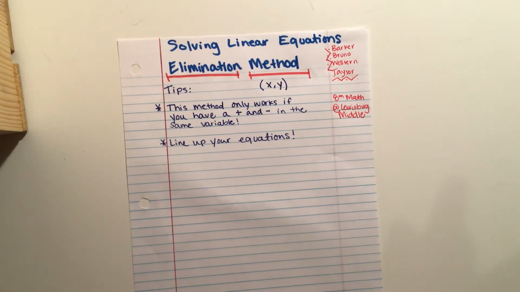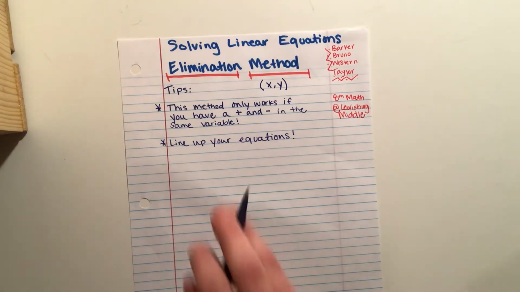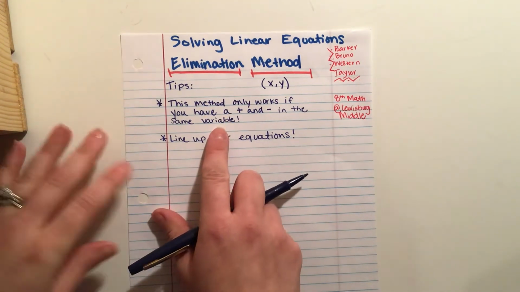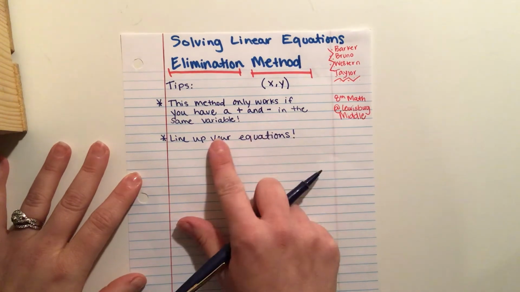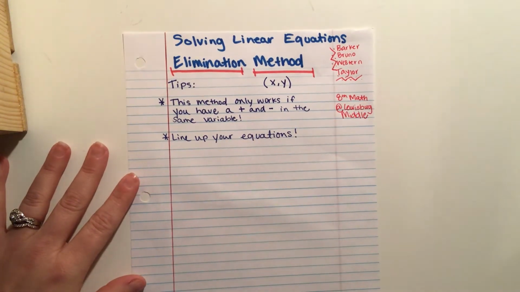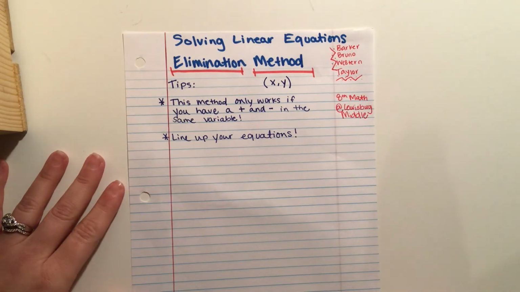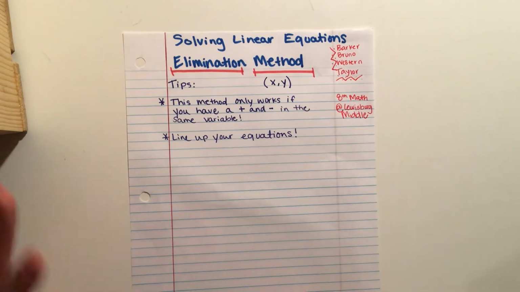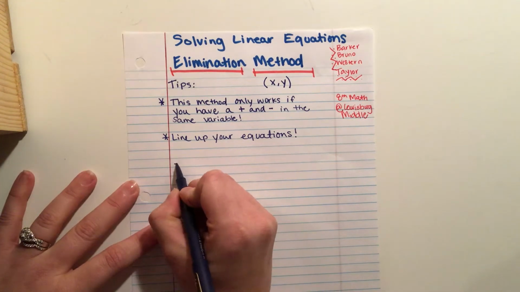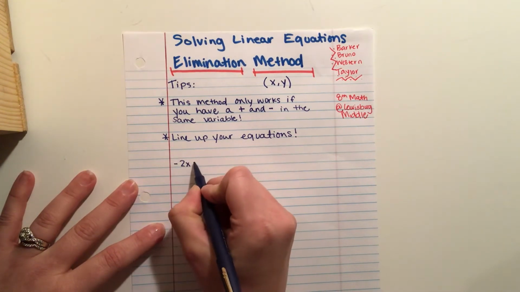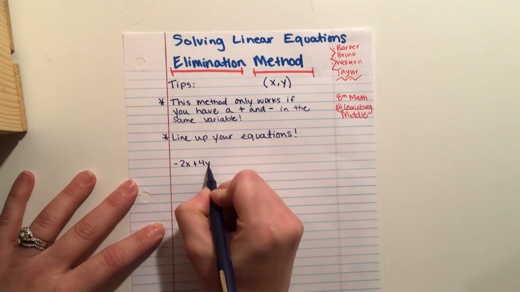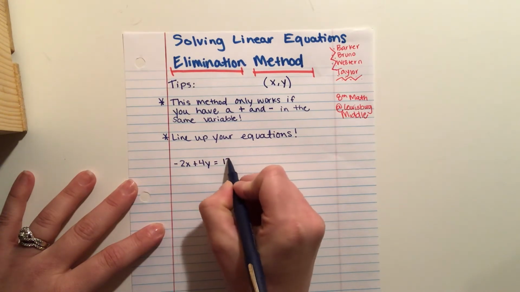So, here are some tips for the elimination method. First of all, this method only works if you have a positive and negative in the same variable. Well, what do you mean by that, Ms. Taylor? All right, what I mean is if I have an equation, let's say I have negative 2x plus 4y equals 12.